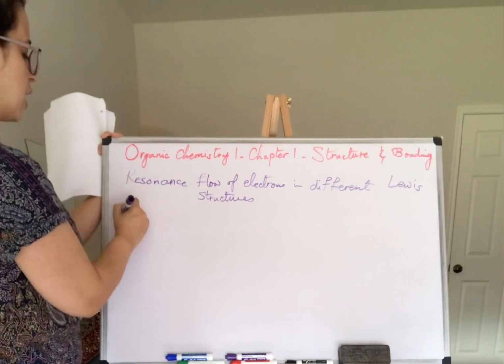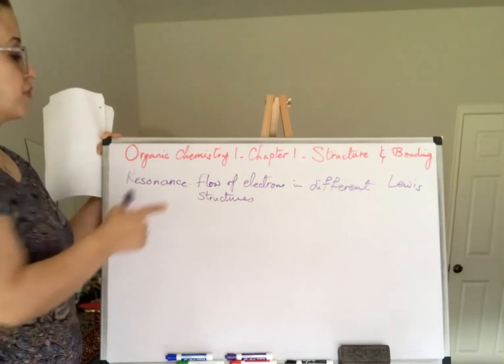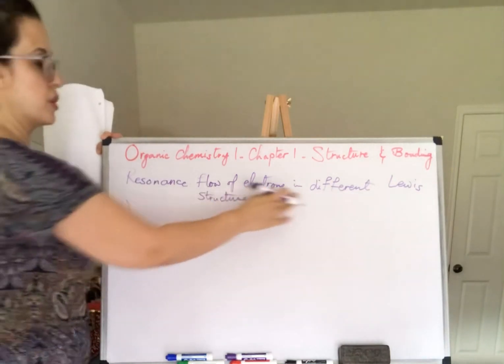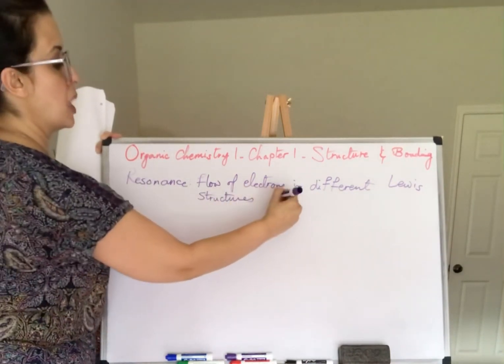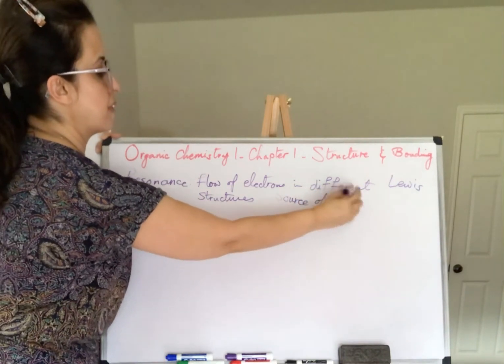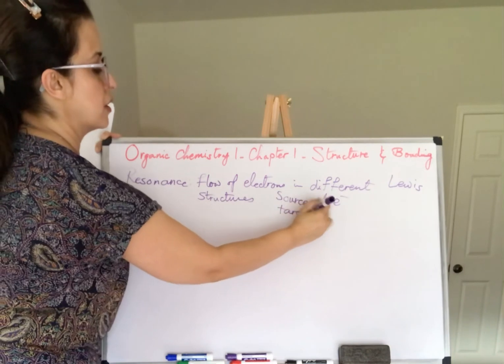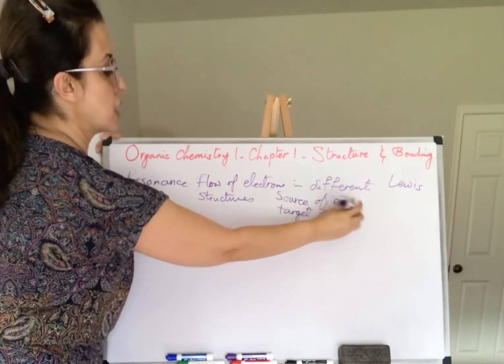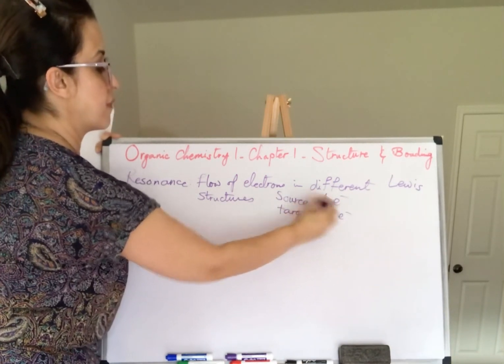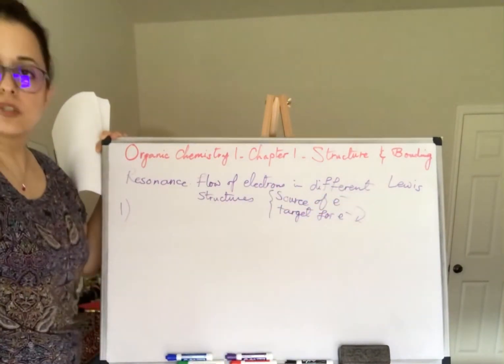So let's work on the first possibility. For having resonance structures, we must have a source of electrons and a target for those electrons. So you can imagine that the flow of electrons is going to be from source towards target.